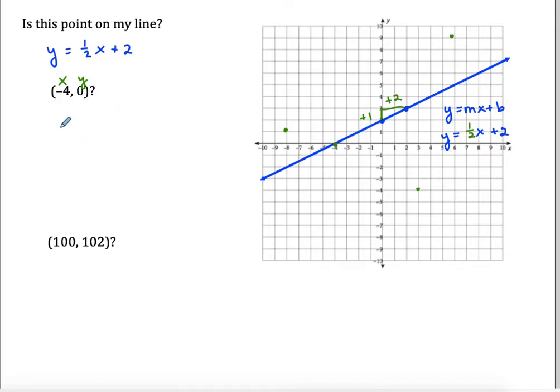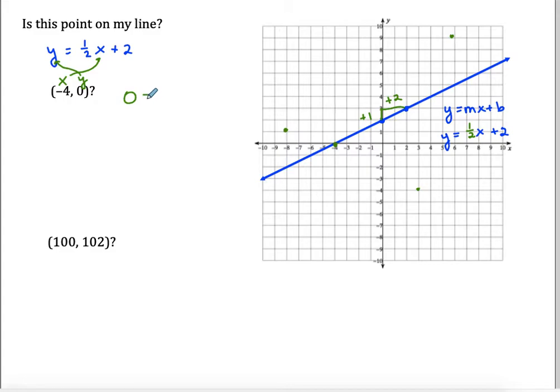So let's go ahead and test it. I'm going to show you one way that I'm going to test it. I'm going to plug in both values. I'm going to plug in the x, so the x will go right in there, and then I'm going to plug in the y over here for the y. Be careful because there's sort of a twistiness going on here, right? You don't want to get them mixed up. So y here is 0.